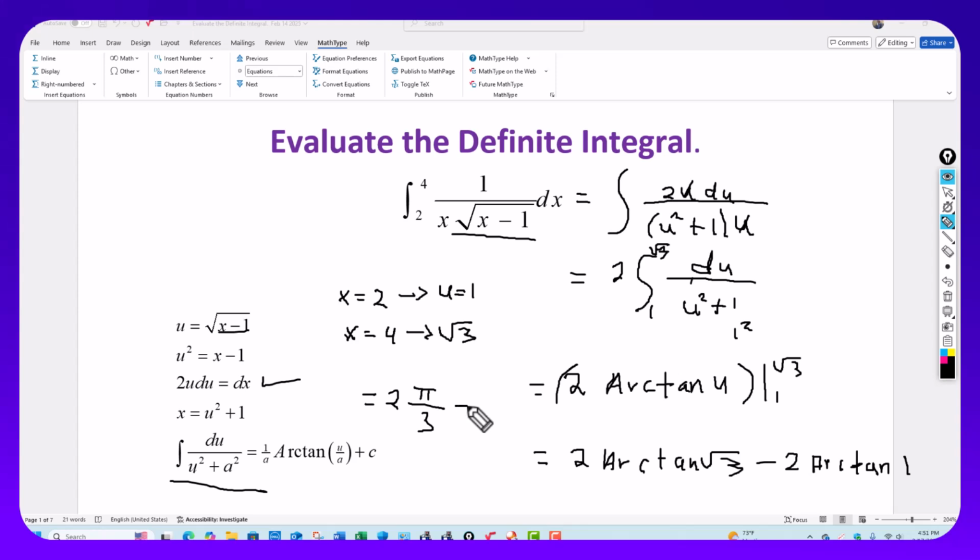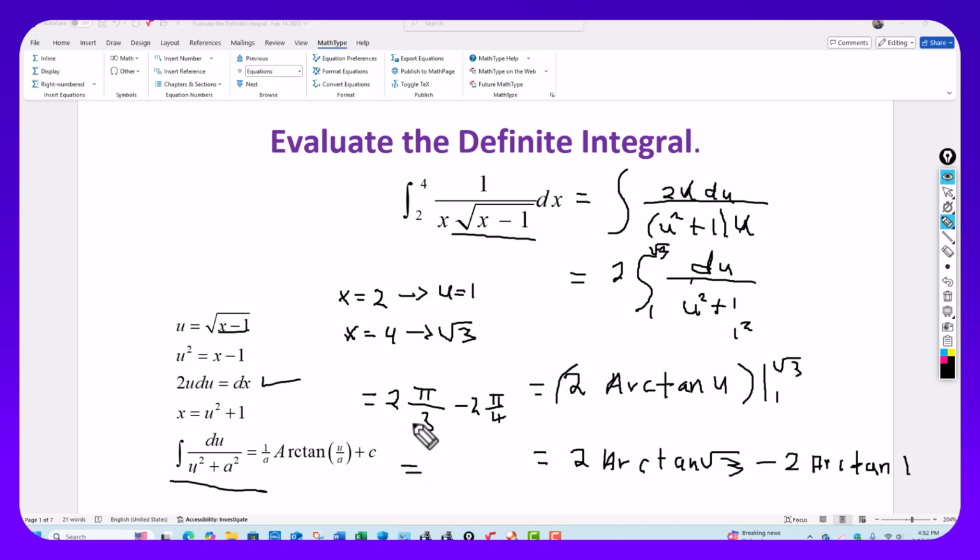And that's minus 2 again times arctangent of 1. What angle has a tangent of 1? You can think of your 45 right triangle, and that of course is going to be 45 degrees, or in radians, pi over 4.